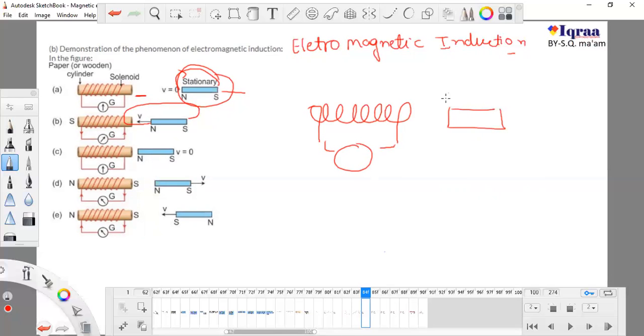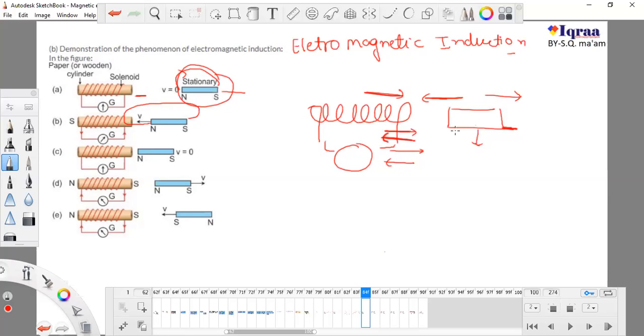So there are two cases. Either you can put this magnet closer or away, or you can put this coil closer or away. You can take both of them closer or away. Both things are possible. If the magnet is stationary and you move the coil, the results will be the same. Coming closer and moving apart, this is possible.